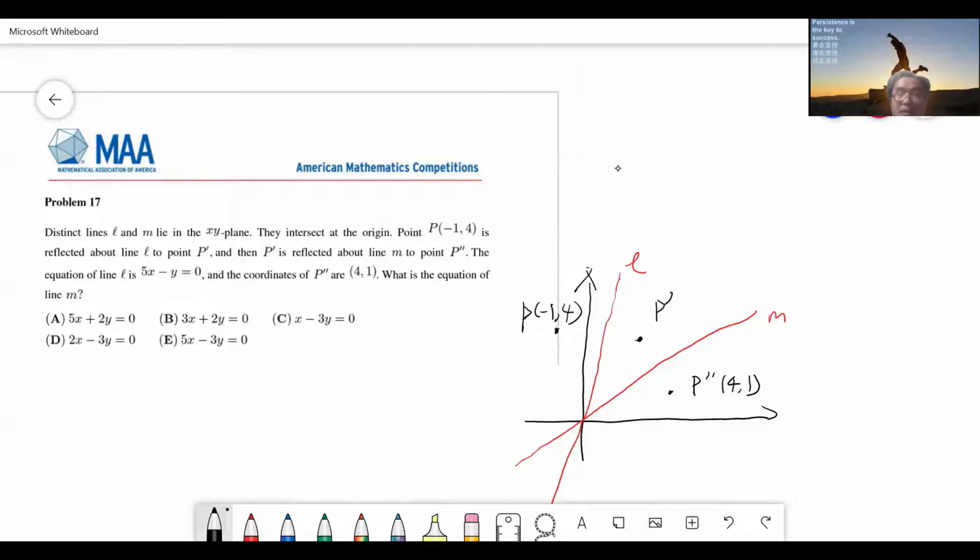If you have learned geometry, you know this transformation is two consecutive reflections over two lines L and M. So this is just like a rotation. If we think about the angle between the two lines, theta, this rotation from here to here is 2 theta.